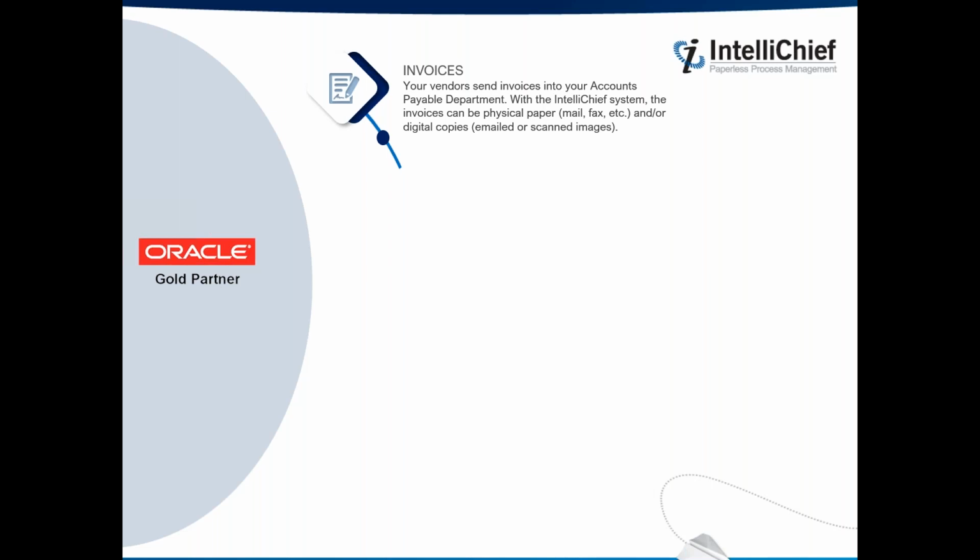IntelliChief will monitor that email address and automatically import those invoices into workflow without an end user having to do anything. Of course, anything that comes in the mail, paper will have to be dropped into a scanner so that the scanner can create the image. But once that's done, that invoice image would end up in workflow and can go through the rest of the process.